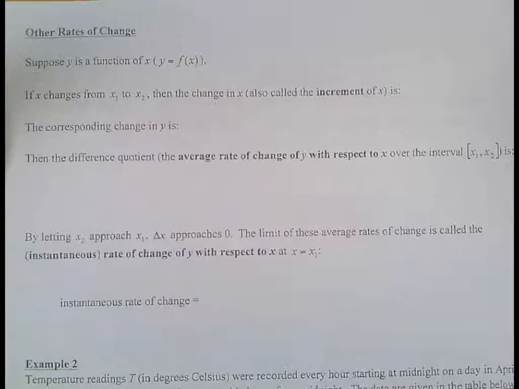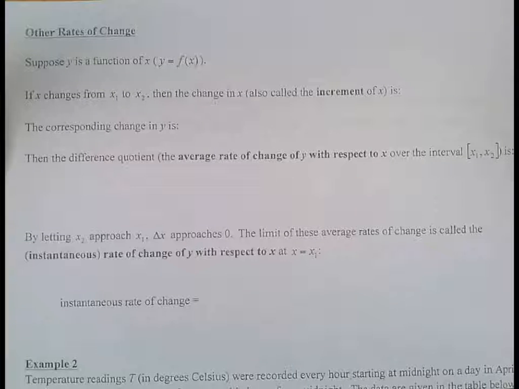And then velocity is also a rate of change. It's the change in position, so displacement, over the change in time. And then instantaneous velocity would be at a specific time, not over a time interval. So then, because slopes of tangent lines and instantaneous velocities are both instantaneous rates of change, they're calculated using that same limit, or those two same limits we've been talking about.